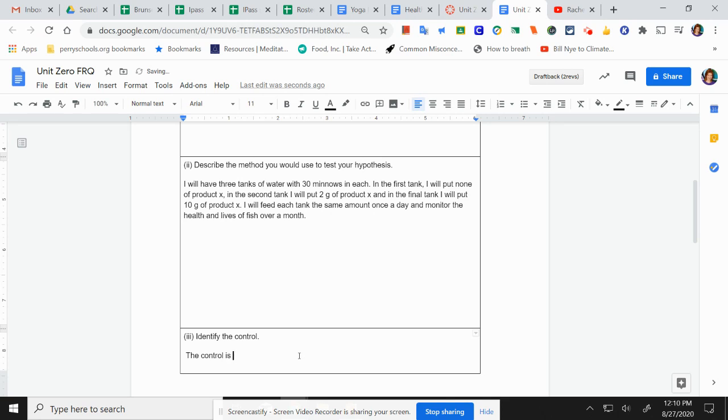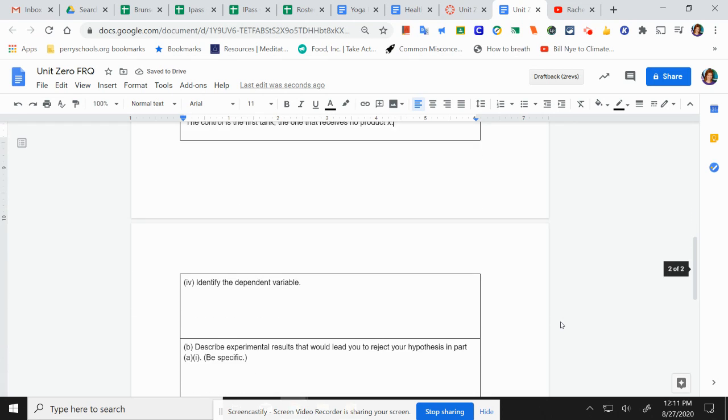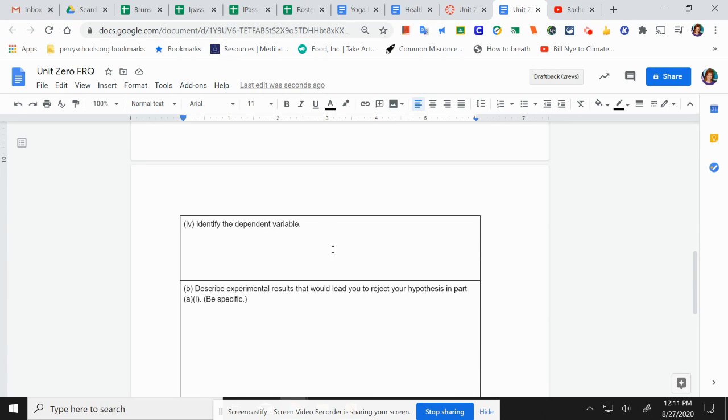The control is the first tank, the one that receives no product X. Since that is my independent variable, it's what we are testing. Some of you were listing the constants there. Those are important, but that's not what's being asked for. So make sure you're telling me the control is the group that is not receiving the product. Identify the dependent variable.